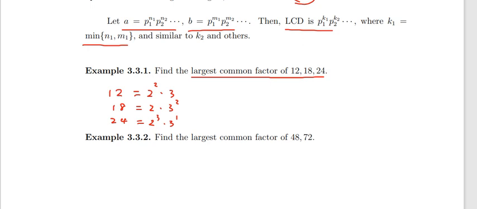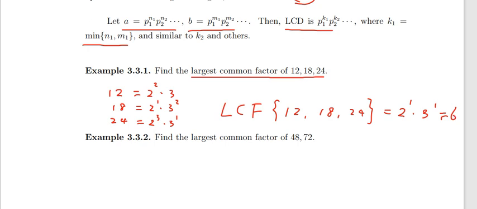Okay, so then this LCF for these 3 numbers equals: we just check 2. Here the exponents are 2, 1, 3, so the smaller is 1. And for 3, the exponents are 1, 2, 1, so the smaller is 1. So this equals 6. Okay.